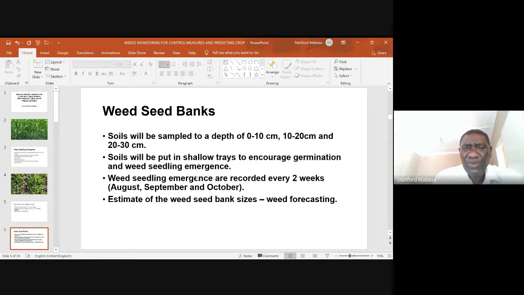The soils will be put in shallow trays to encourage germination and weed seedling emergence. Weed seedling emergence is recorded every 2 weeks in August, September, and October.